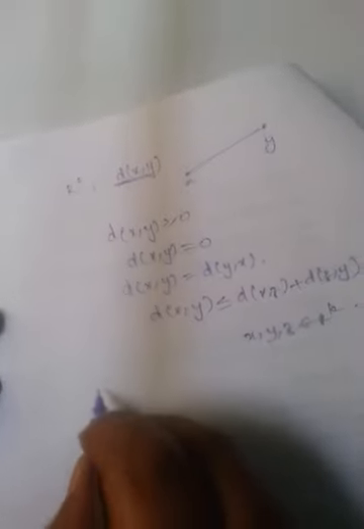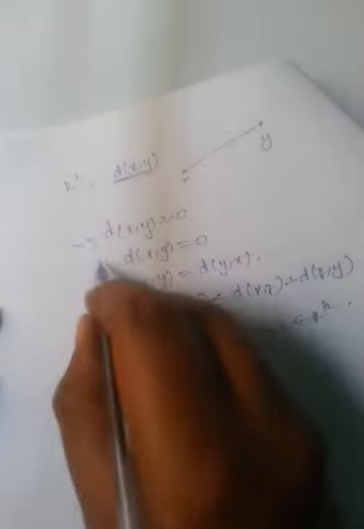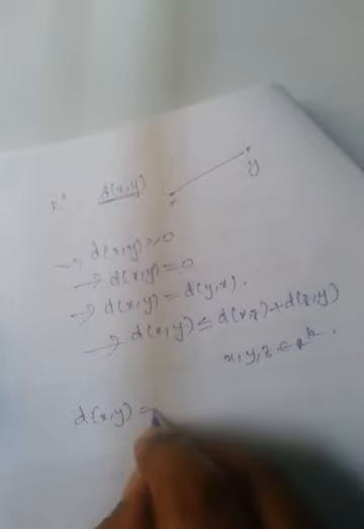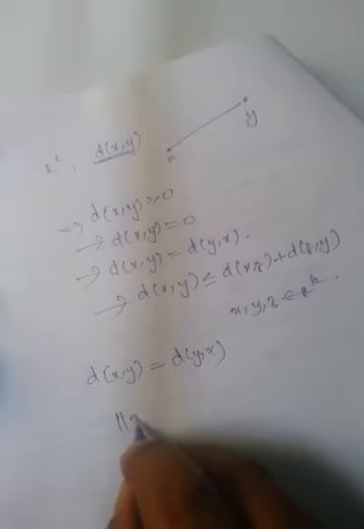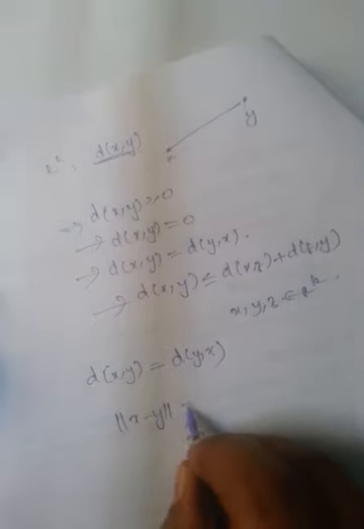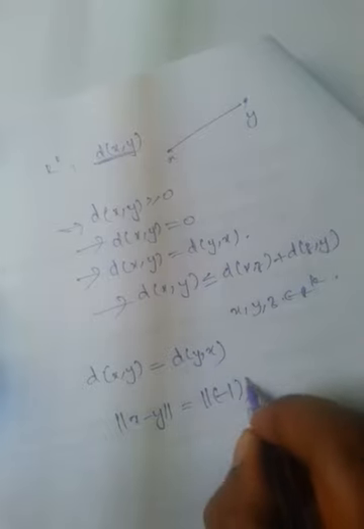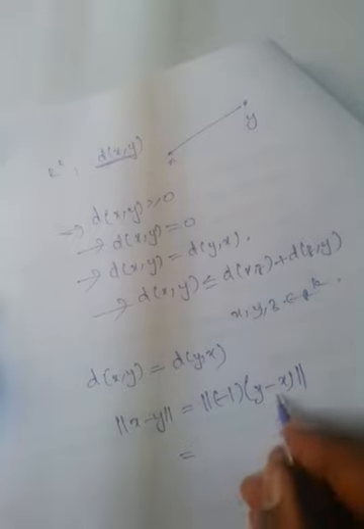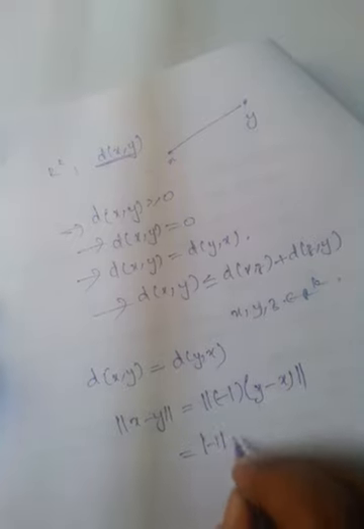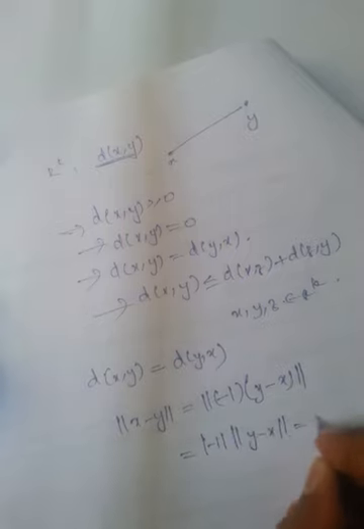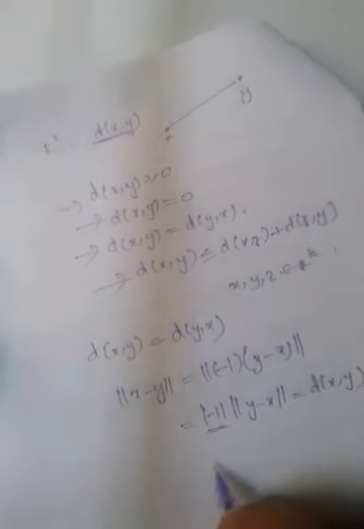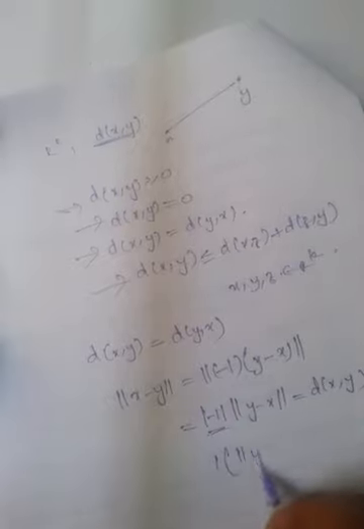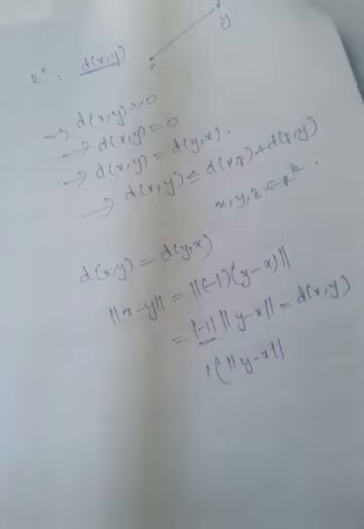I will do one condition out of the 4 conditions. For example, if I consider d of x comma y, we have to prove it equals d of y comma x. For that, what we have to do is that norm of x minus y equals norm of minus 1 into y minus x, hence we get y minus x.